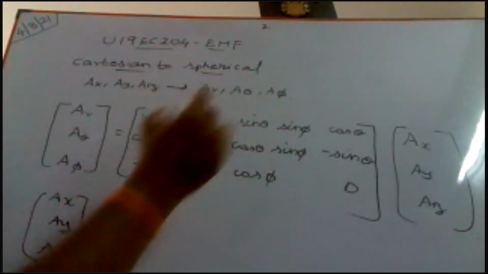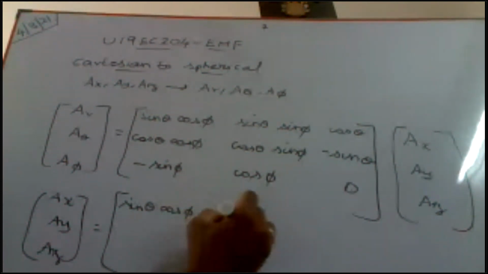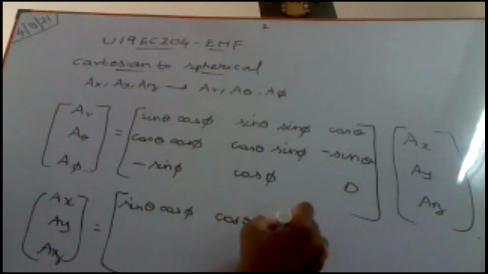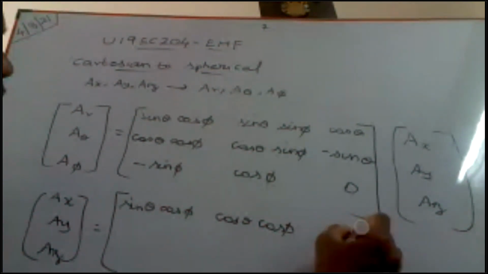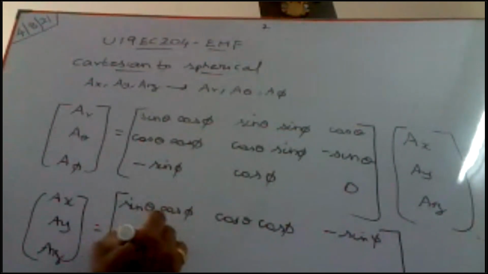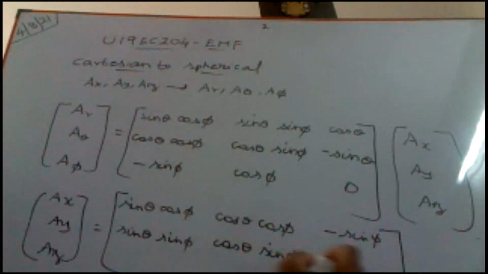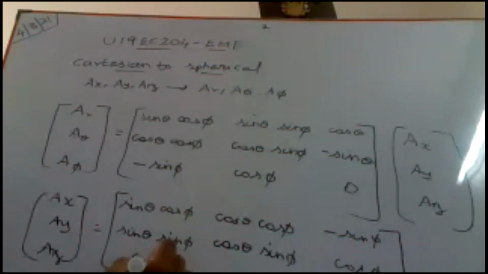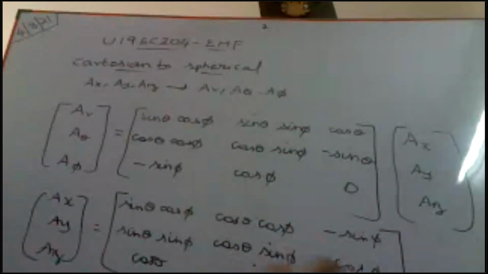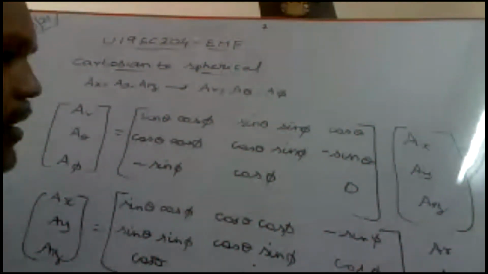Taking the inverse just means transposing. So what happens: sin theta cos phi, cos theta cos phi, minus sin phi; sin theta sin phi, cos theta sin phi, cos phi; cos theta, minus sin theta, 0, with A r, A theta, A phi.